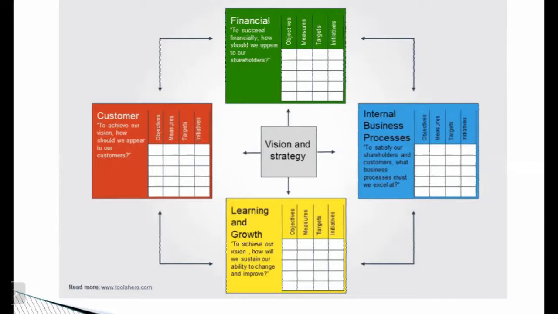In these four perspectives, they offer specific measures and goals translated from the unit's vision and strategy. Here you can see the financial objectives, measures, targets, initiatives. When it comes to the second perspective, internal business processes, again they have objectives, measures, targets, and initiatives.